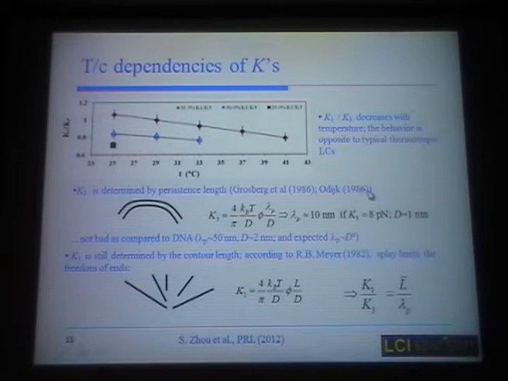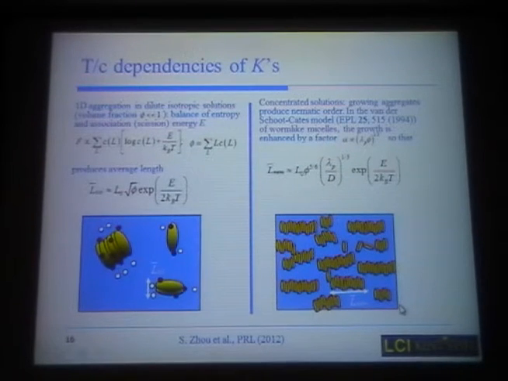And so we played with this idea, which is very simple, that the ratio of K1 over K3 should be the ratio of two lengths of the chromonic aggregates, and then we considered what might be the value of the average length of the aggregates, and the simple model suggests that it should be a very, very strong function of temperature and concentration.